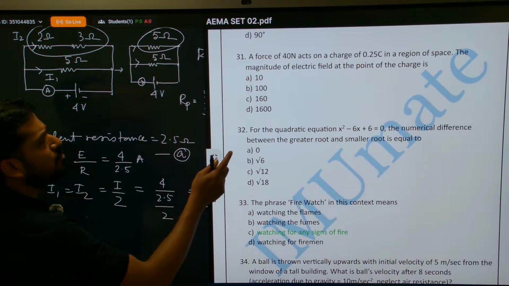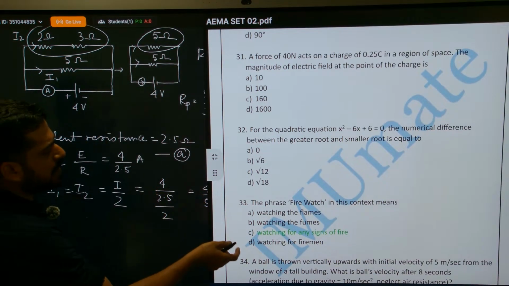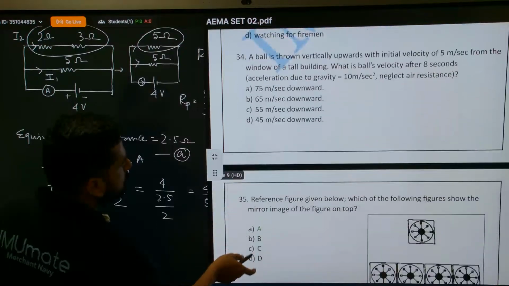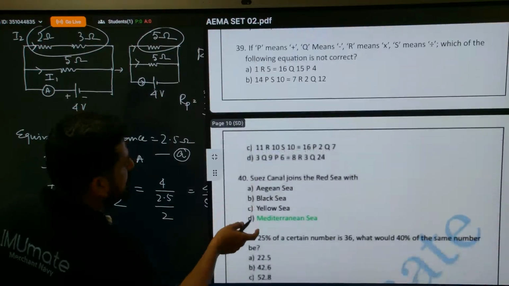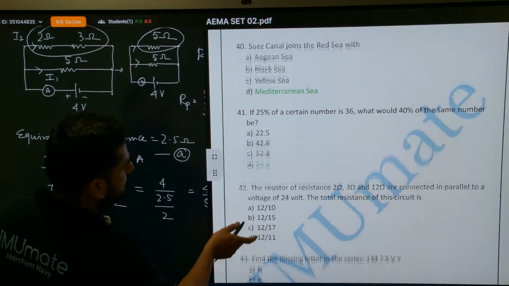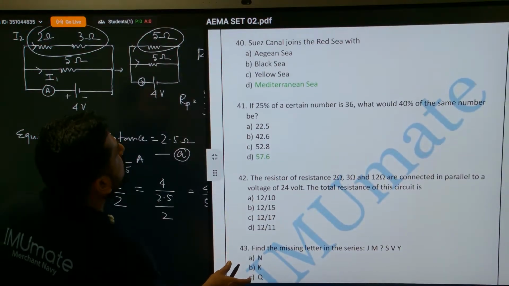F equals QE, just a simple formula: force equals charge into electric field. But we will restrict ourselves only to electricity and magnetism, otherwise we'll make this too long. Yes, 42, I think. Yes.